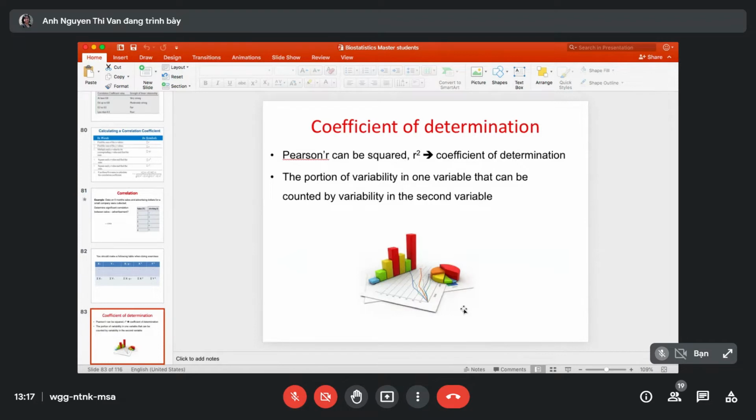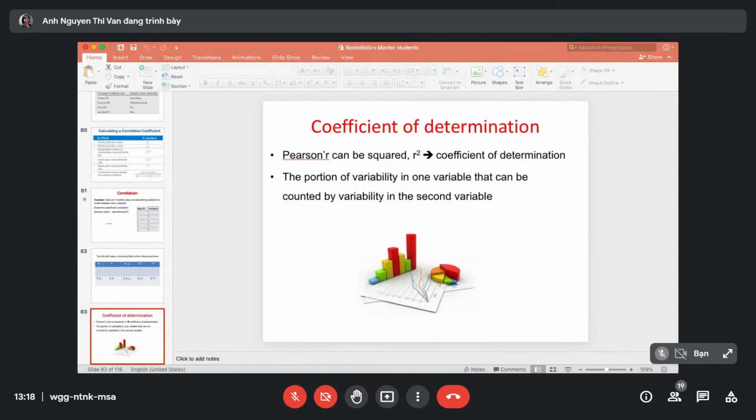So take note of this new term, coefficient of determination. It is R square. What is the significance, or the meaning, of the coefficient of determination?